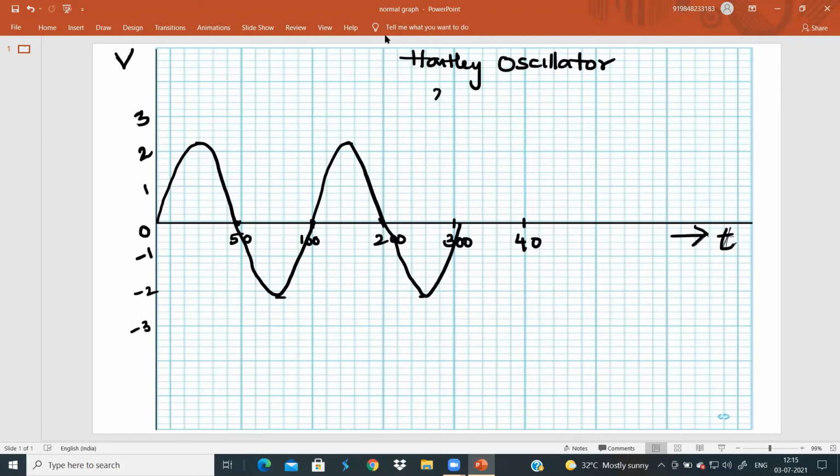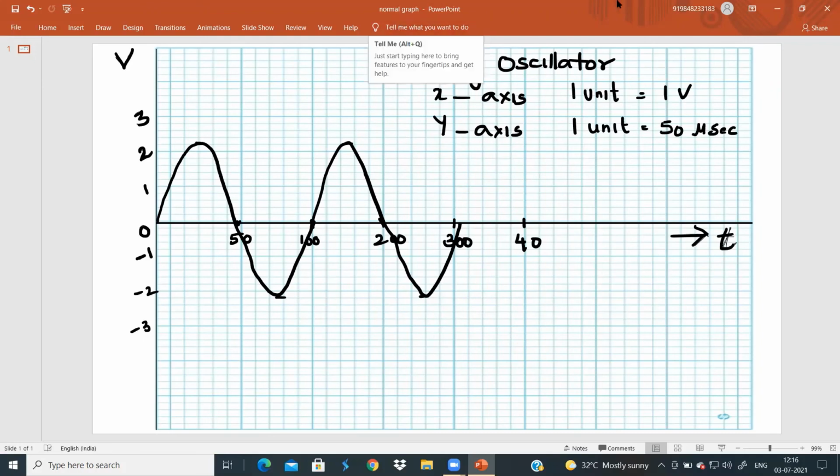Now, on y-axis, 1 unit is equal to 1 volt. On x-axis, 1 unit is equal to 50 microseconds. Right? So this is how we draw the graph for oscillators. Right? Understood?